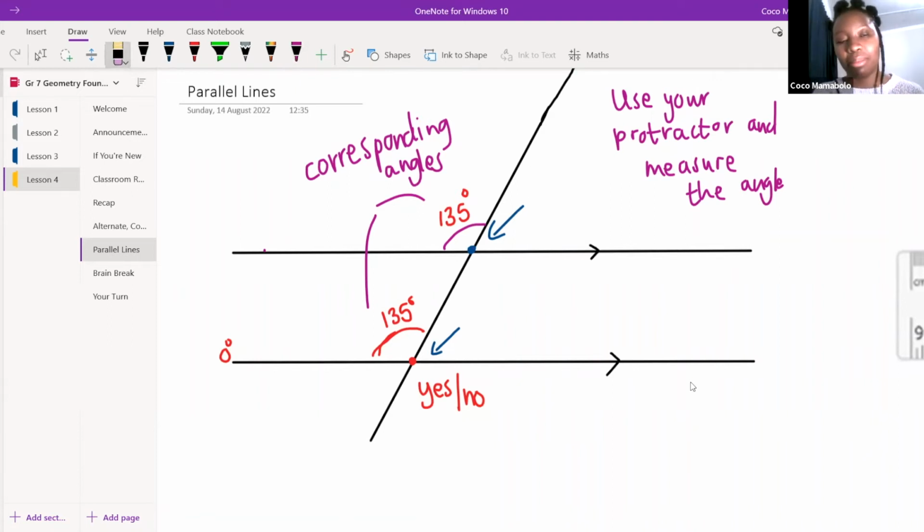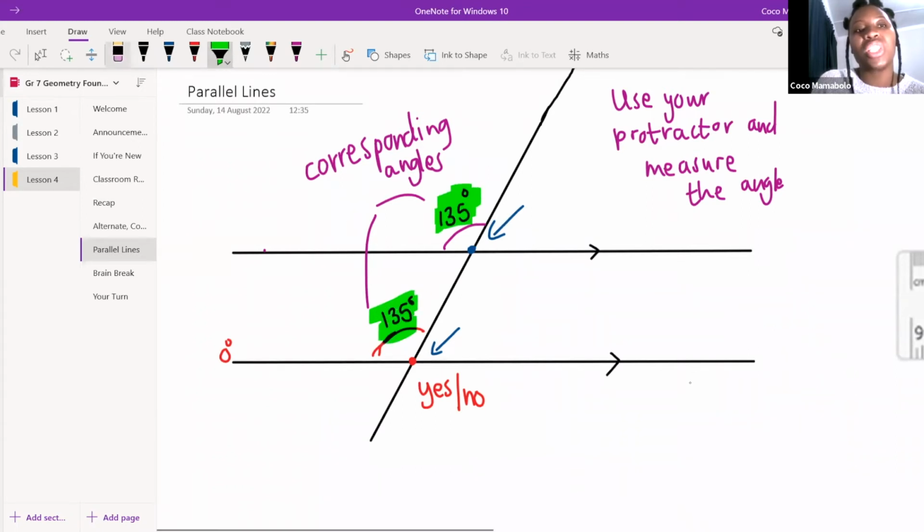You should get the same answer for both. Okay, Lesego, that wait no is making me a bit nervous. I'm wondering what wait no means. Now because these two angles are equal, this one 135 and 135, they're called corresponding angles. And Lesego, if they're not the same, then you've probably miscalculated somewhere.